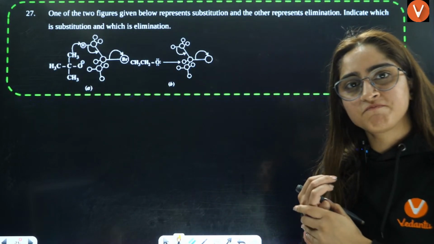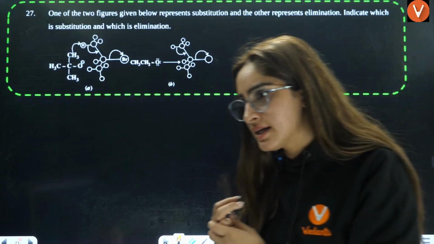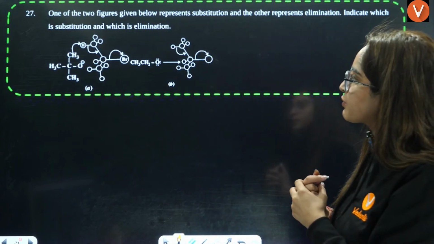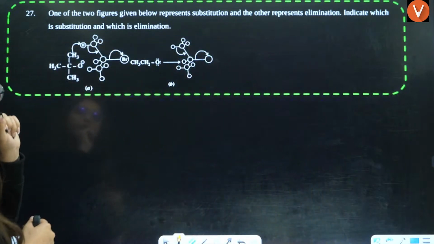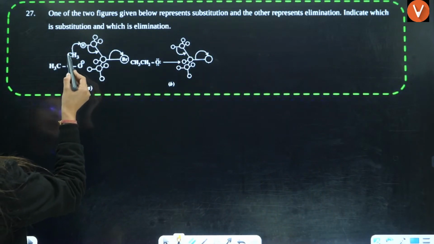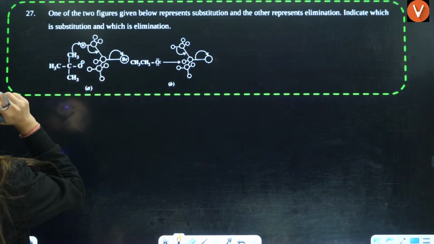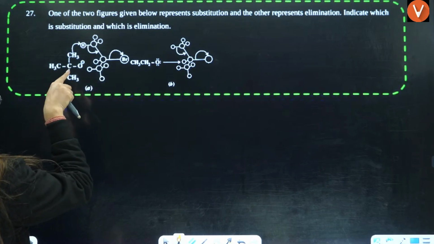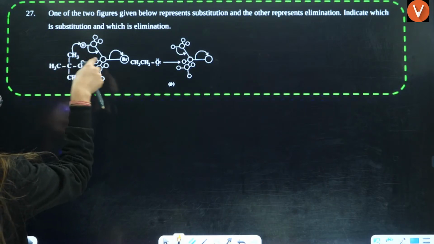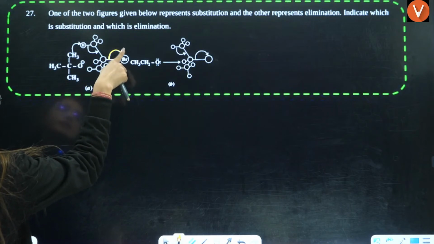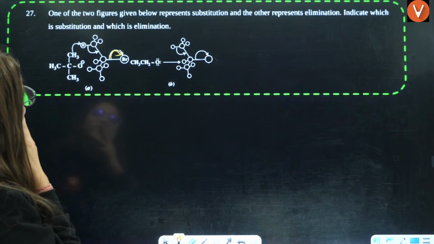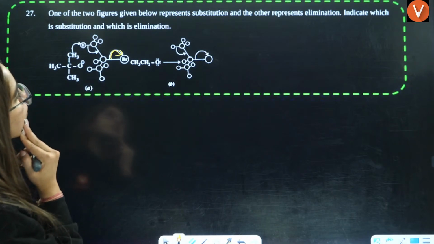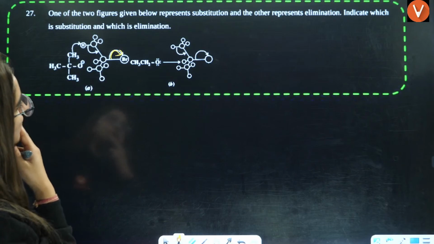As you can see in figure A, what is happening here, you have CH3. There is an attack of CH3 on this side. Br is leaving, right?